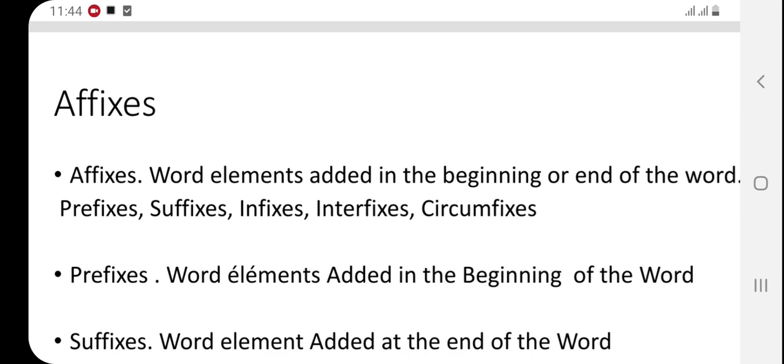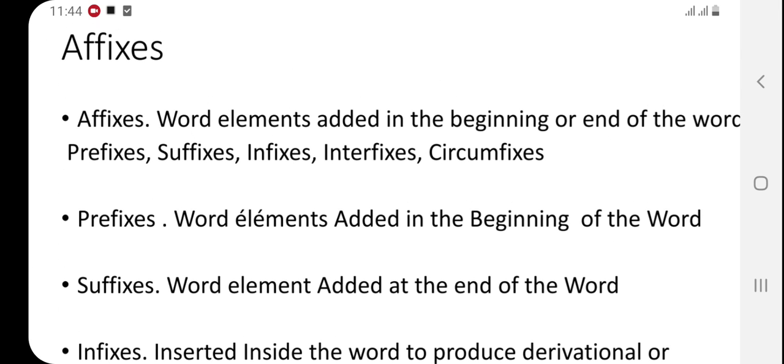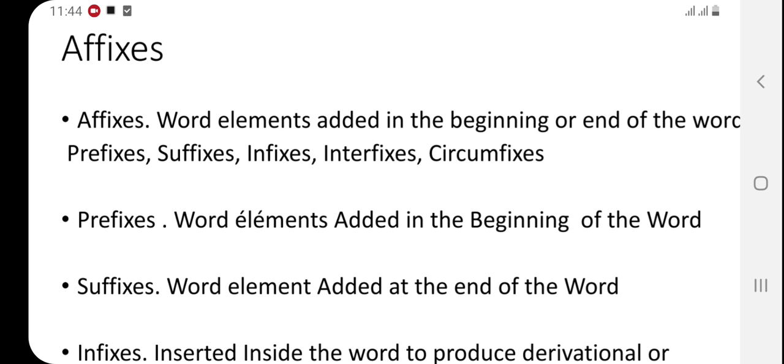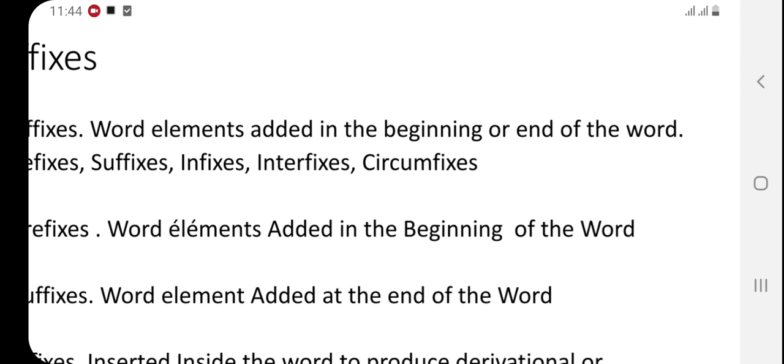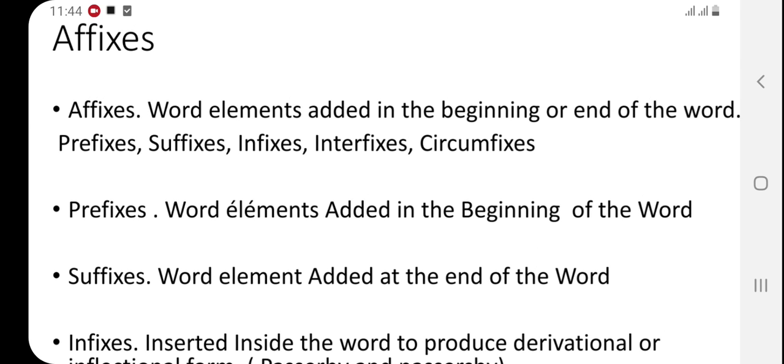Then we talk about the affixes, the small definitions. Word elements added in the beginning or end of a word. So affixes actually cover prefixes and suffixes also. Suffix is a bound morpheme that is attached at the end of a word. Prefix is a bound morpheme that is attached in the beginning of a word.